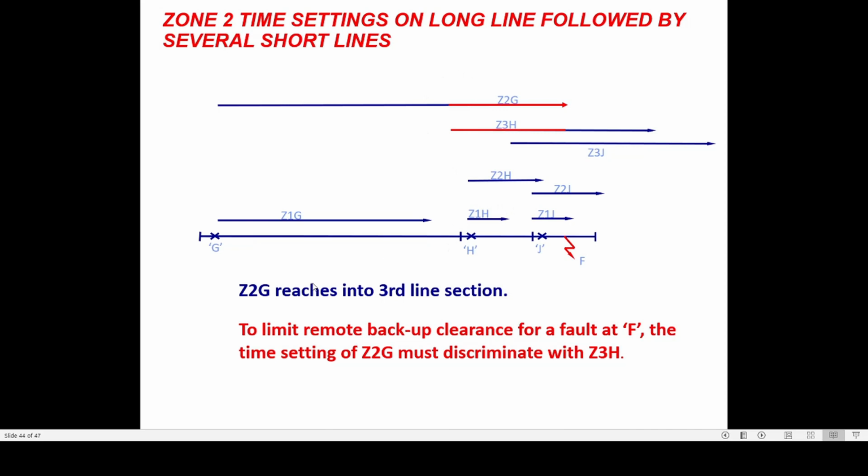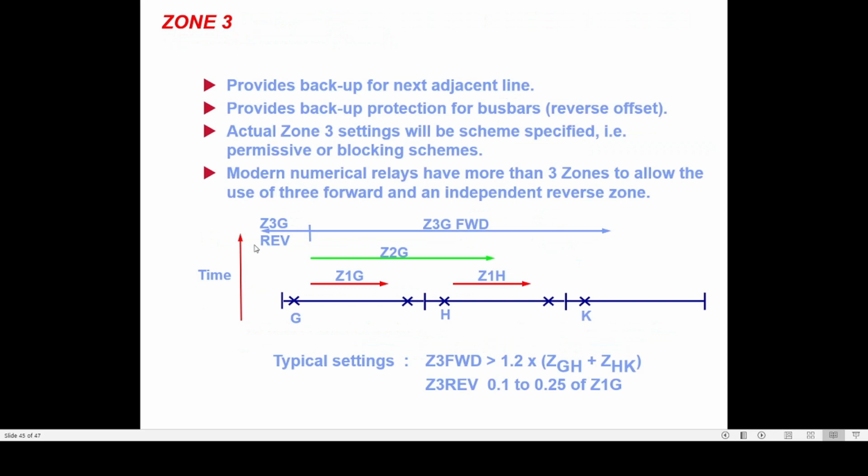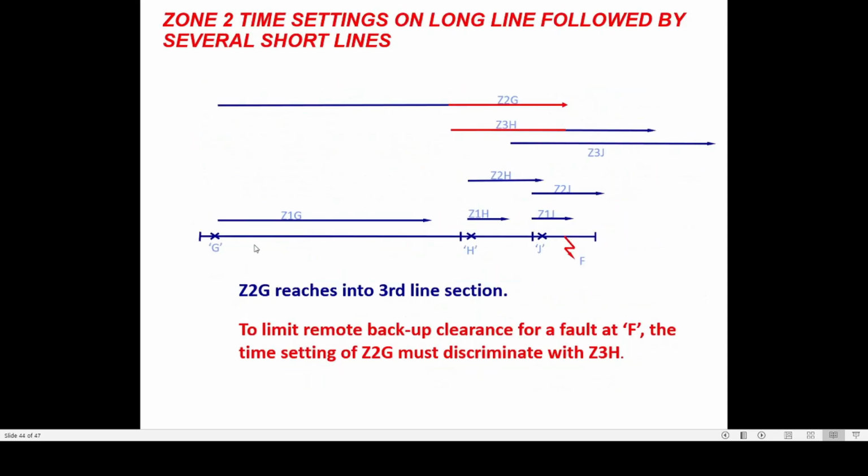But then there is one more issue in coordination, and that is what happens if one long line is followed by several short lines. What is the impact of a long line followed by several short lines? Here, this is line G emanating from substation G, and this is a very long line followed by some short lines.